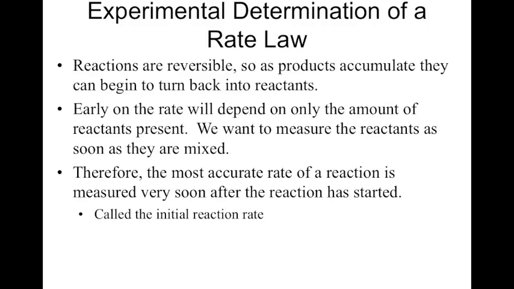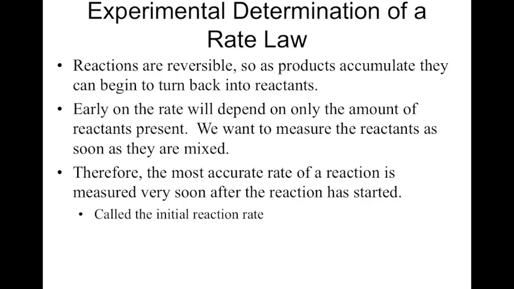A couple of things about reactions. Reactions are reversible. As the forward reaction begins to proceed, eventually the products begin to accumulate. As the products accumulate, the products can react to reform the reactants. So the reaction, we say, is reversible, and almost all reactions are reversible to some extent.